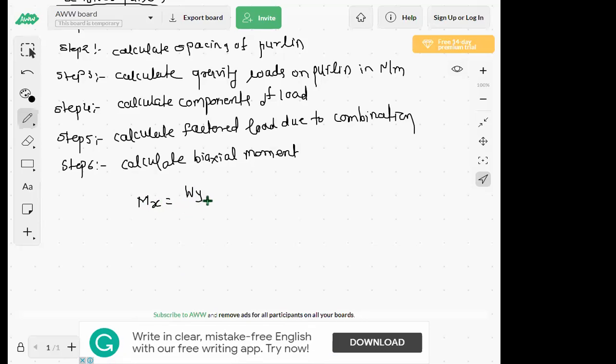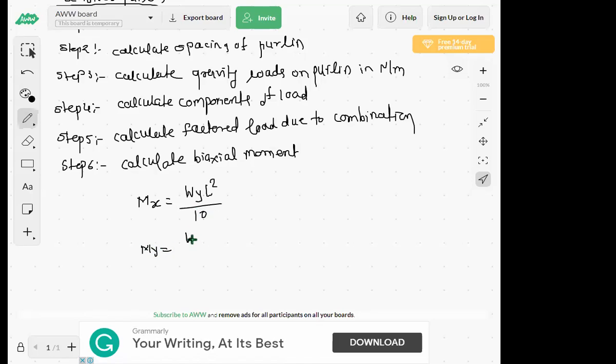We have to calculate moment in x direction by using the formula Wy L square divided by 10, and My we have to calculate by using the formula Wx L square divided by 10. So here the moment in x direction we have to calculate by using this Wy load.